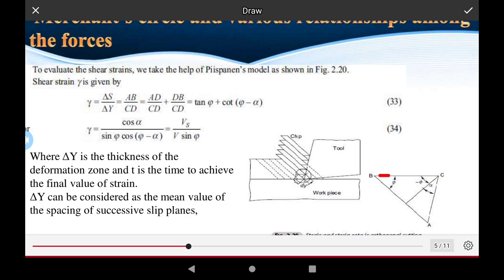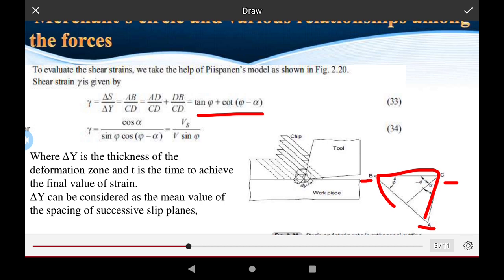This is angle ABC. Okay, shear strain phi is cos alpha upon sin phi cos(phi minus alpha), which equals tan phi plus cot(phi minus alpha).